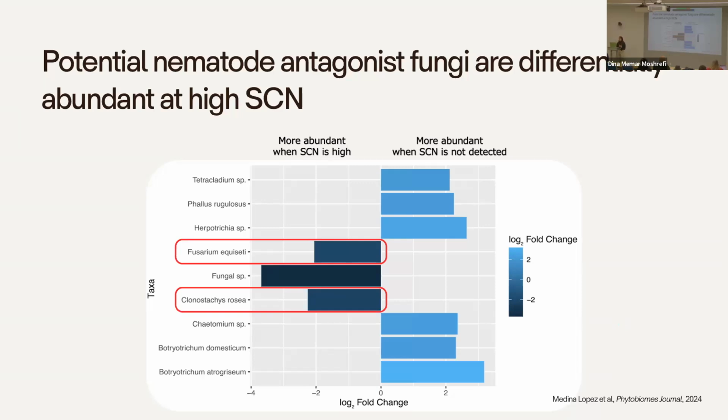And these may seem a little counterintuitive, because why would the fungi that are supposed to be antagonizing the nematode be more abundant when there is a higher level of the nematode? Aren't they supposed to be fighting each other? And the fungus is supposed to be killing off the nematodes? Well, it's complicated.